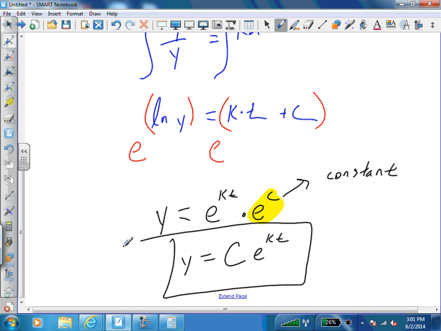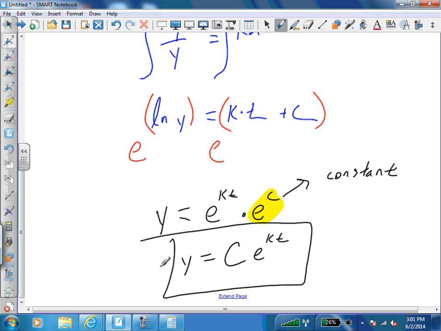Now that formula, that equation might look familiar. In pre-cal, if you did continuously compounded interest, this is the formula you use. It's basically an exponential growth, exponential decay formula. And you use that anytime the rate at which your population changes is proportional to your population.